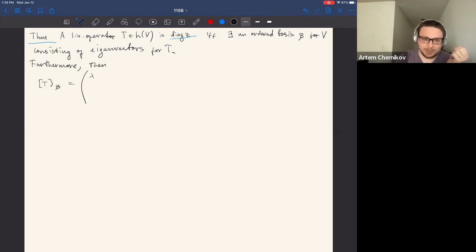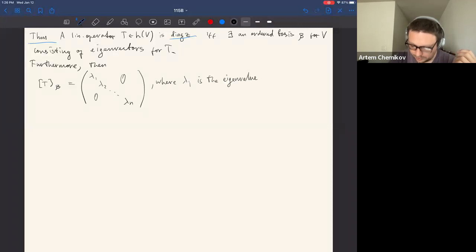So we have lambda 1, lambda 2, etc., lambda n. The diagonal consists of the eigenvalues, and we have zeros outside of the diagonal, where lambda i is the eigenvalue of T corresponding to the ith vector in this basis beta.